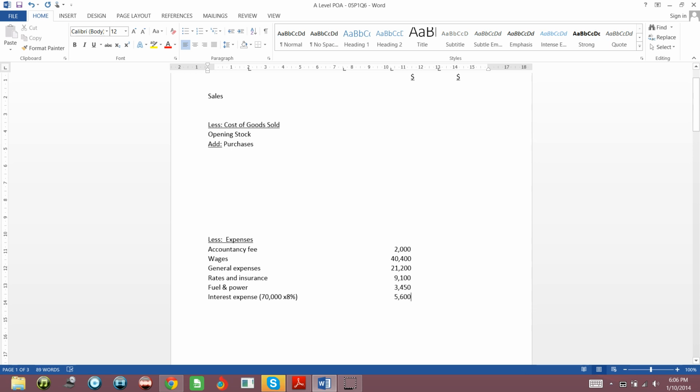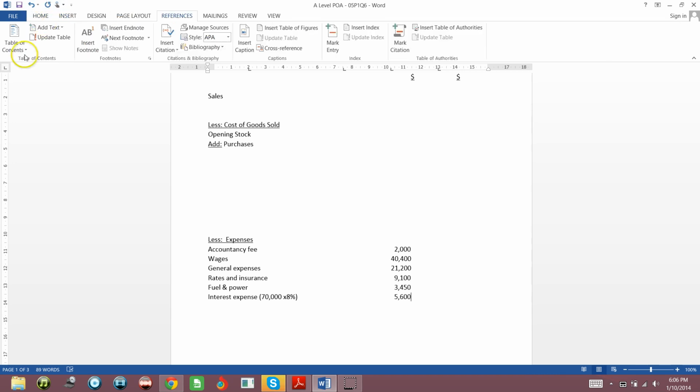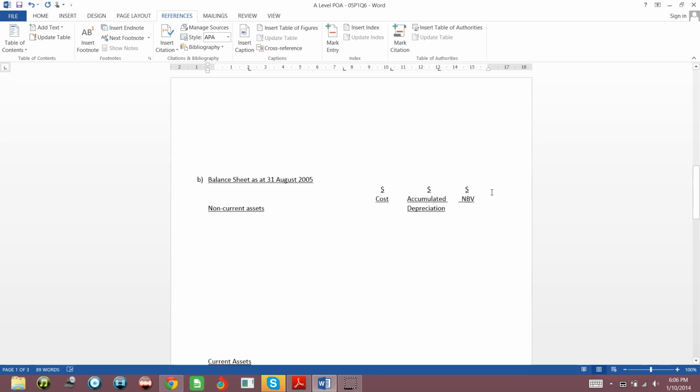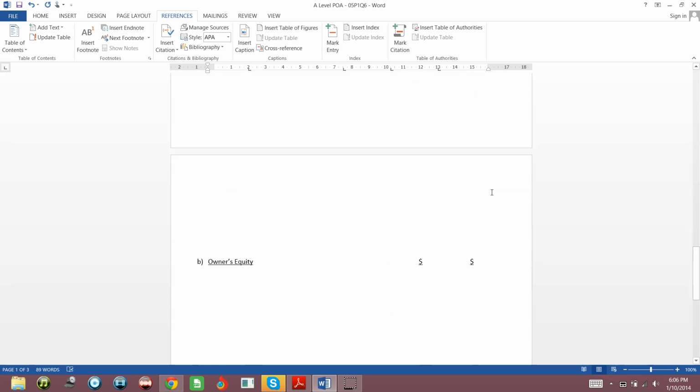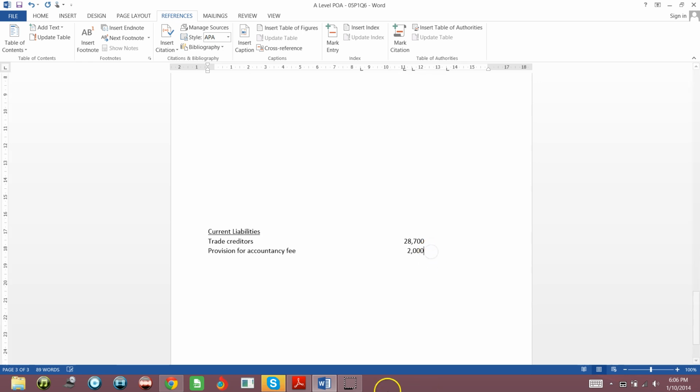If you look at the question, a summary of business bank account for the year showed the following. So that means it shows that this interest expense is not paid yet. If it's not paid yet, that means it is owing. If it's owing, then you should put under current liability, because it's repayable within 1 year.